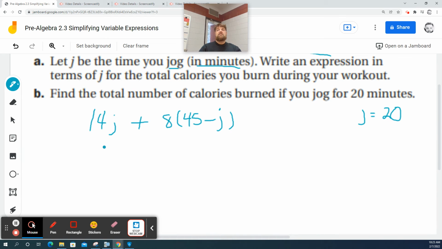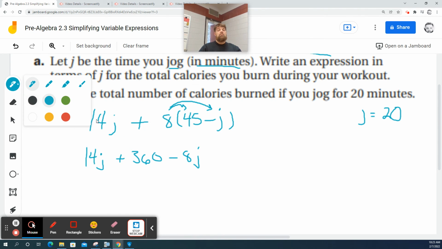There's parentheses there, so I'm going to distribute this 8 through the parentheses. This 14J stays the same, but 8 times 45 is 360. And 8 times negative J is just negative 8J.